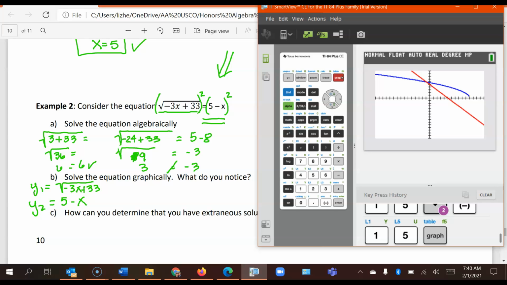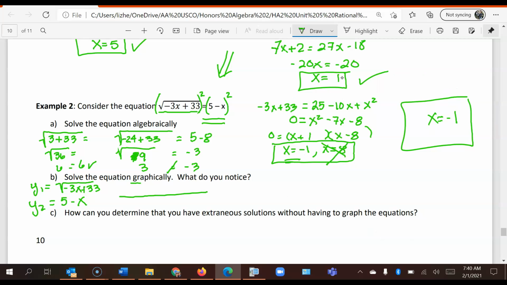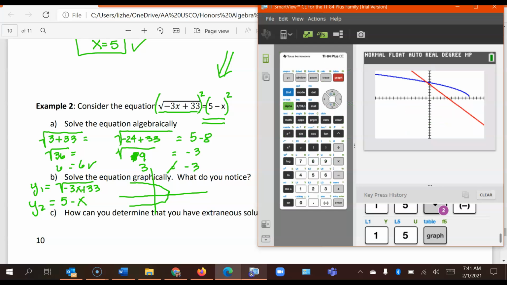There we go. Okay, so what you see there is the blue line. There's no bottom. Normally it would go like this, but because your calculator is making it a function, it's not putting a bottom blue curve on there.